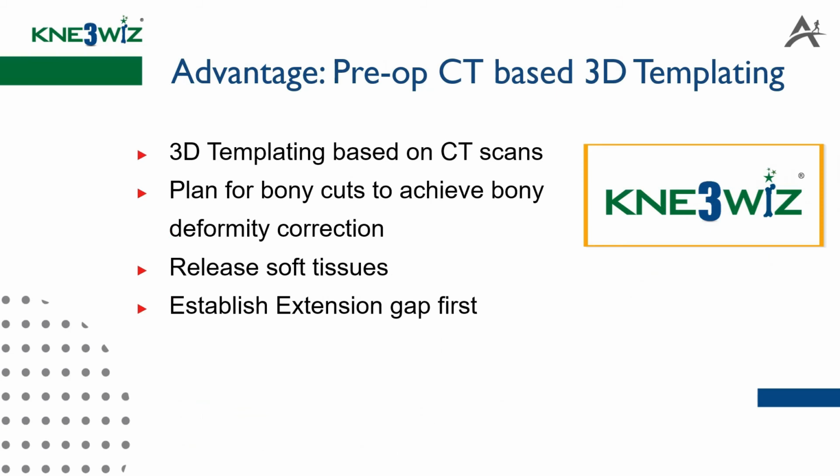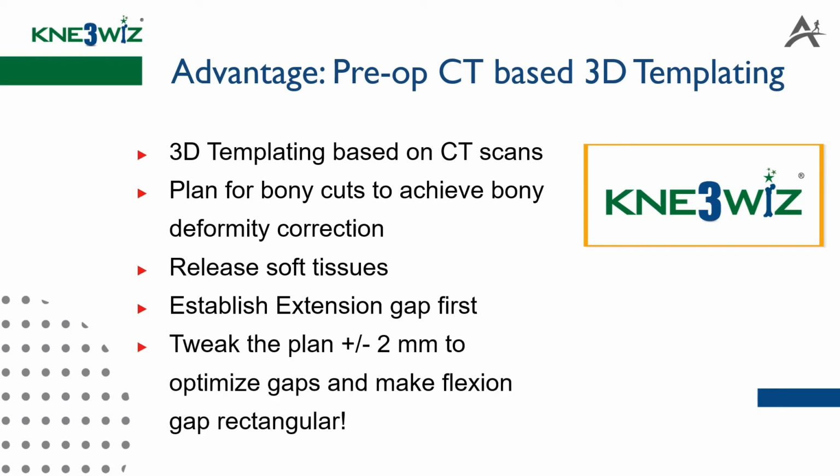How do we do it? We use CT-based 3D templating using knee-3. We plan the femoral bone cuts precisely to achieve kinematic bony alignment. We perform the standard releases, which are the part of the exposures, then establish the extension gap first.